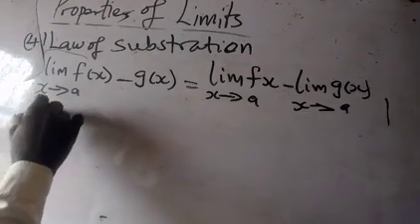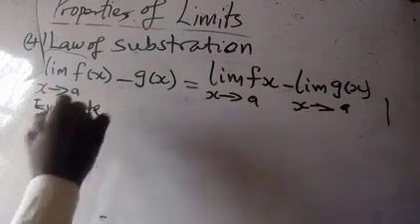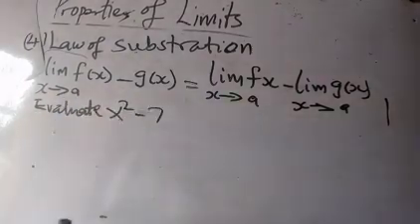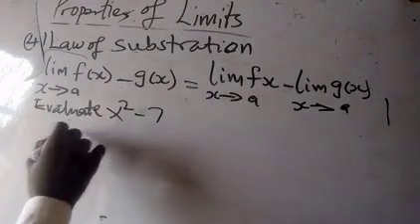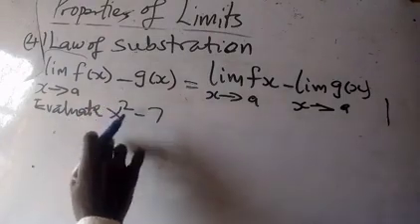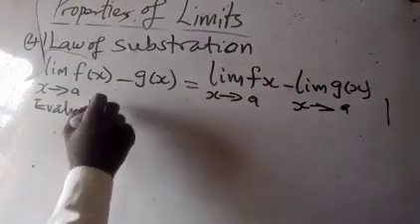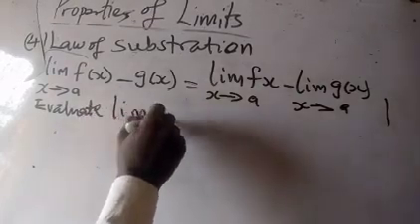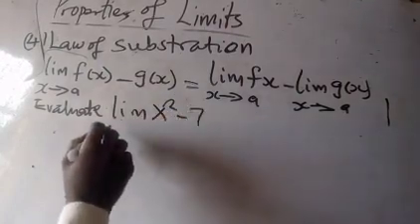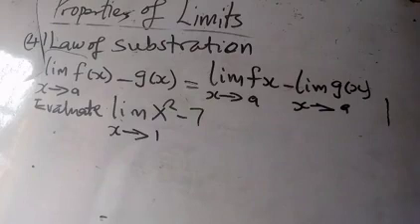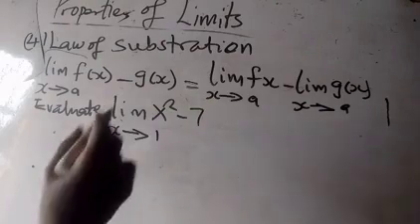Evaluate the limit of x squared minus 7 as x gets to 1. So what do we do?